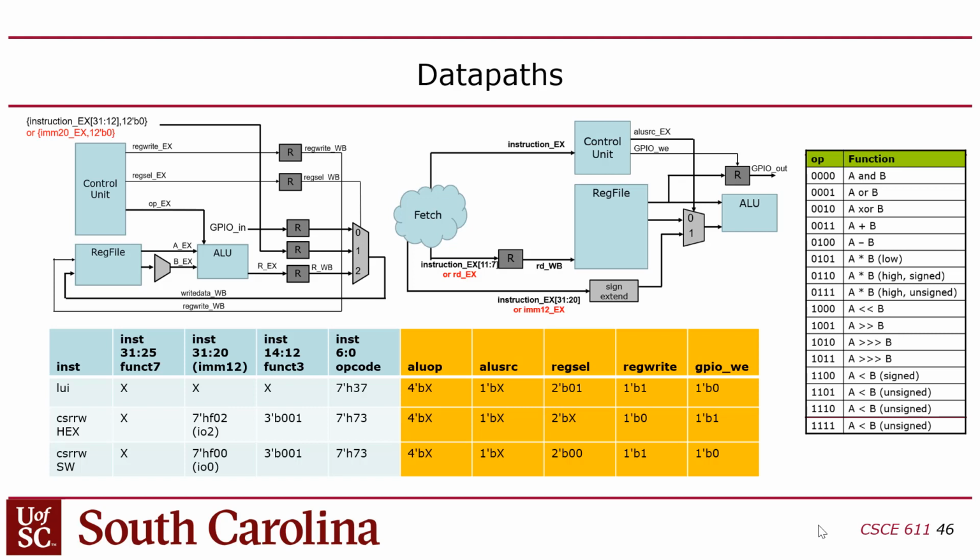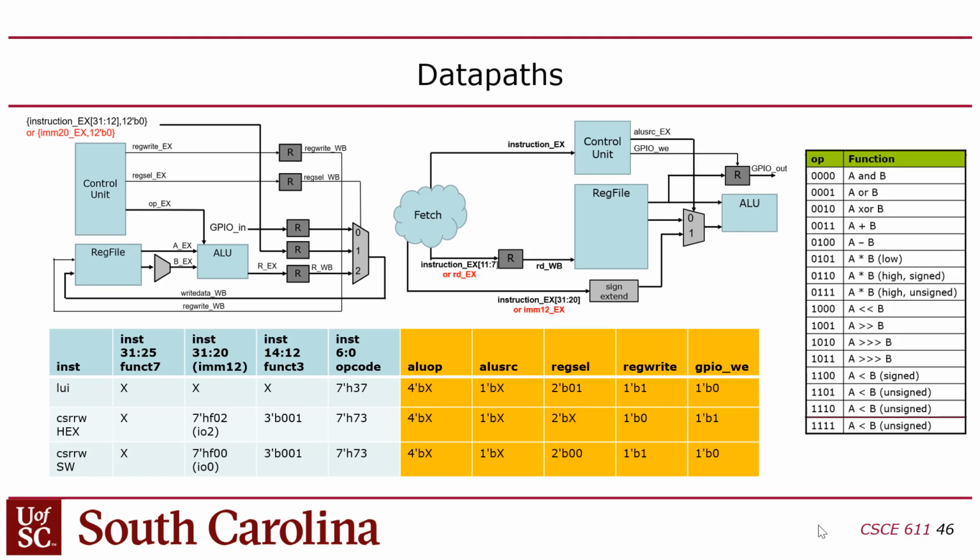Like, if I'm writing the hex displays, I don't want to write a register in my register file, right? So you could set the reg write to 0. The reg write, though, in this case depends on, you see how it depends on the immediate 12, right? So the question of whether the reg write is going to be 1 or not for CSRRW depends on what the immediate 12 is, right? Which IO I'm accessing, right?